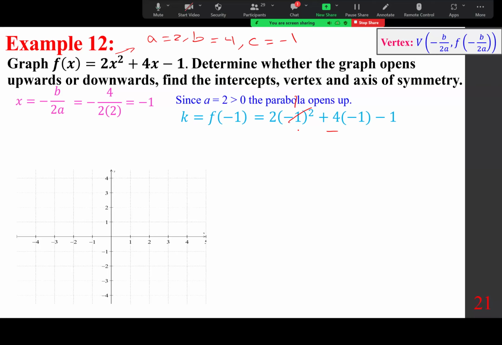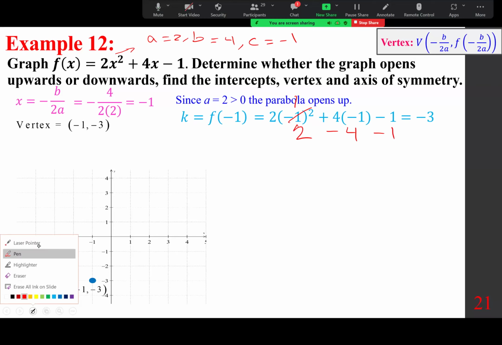This is positive 1. We get 2 minus 4 minus 1, and that's negative 3. So the vertex is located at negative 1, negative 3. So that's the location. A is 2, so it opens up.